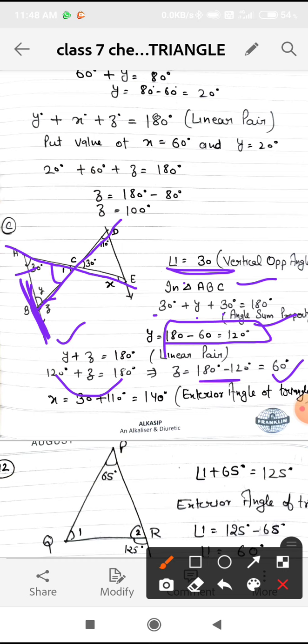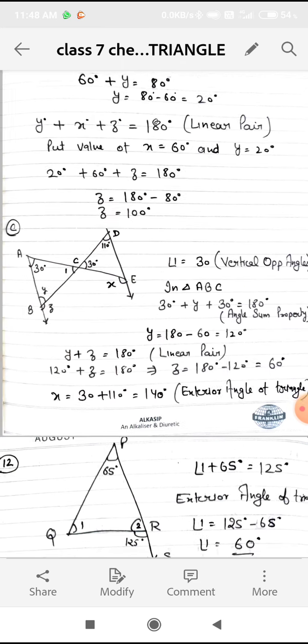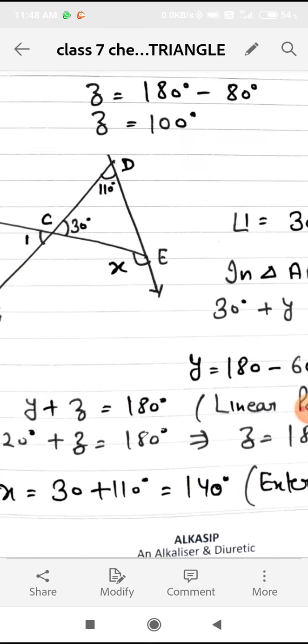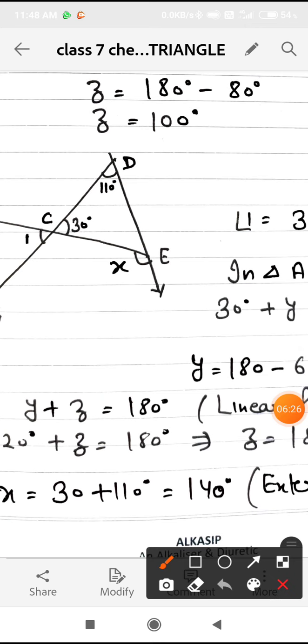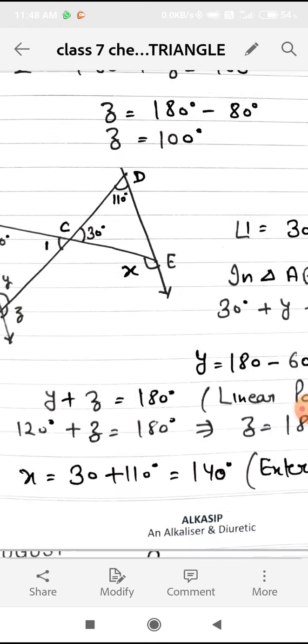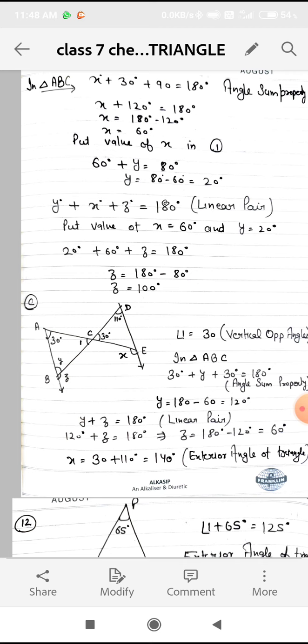This way we got y and z. x is left. x is the exterior angle of triangle ADC. So it is equal to the sum of the interior opposite angles. So x is equal to 30 plus 110, that is 140 degrees. This is the way we calculate these three angles.